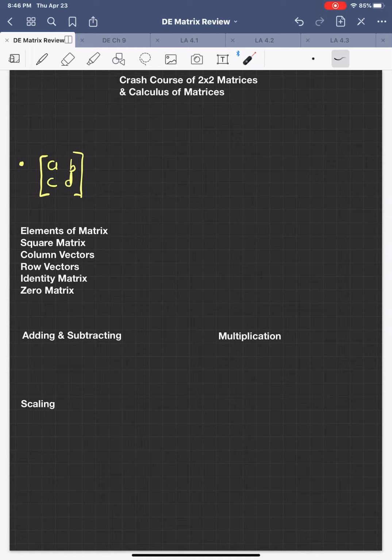So let's begin. We'll keep it with a 2 by 2 matrix, just to keep things simple. Obviously this is a 2 by 2 matrix.